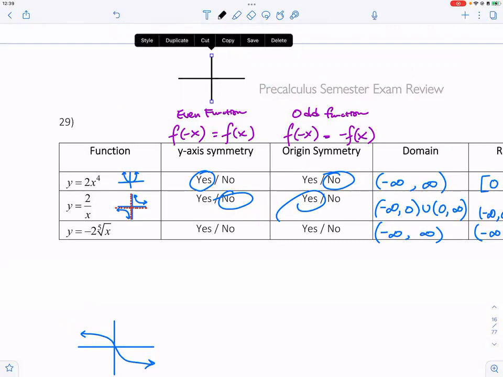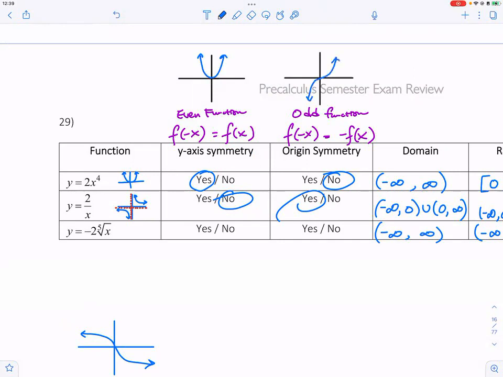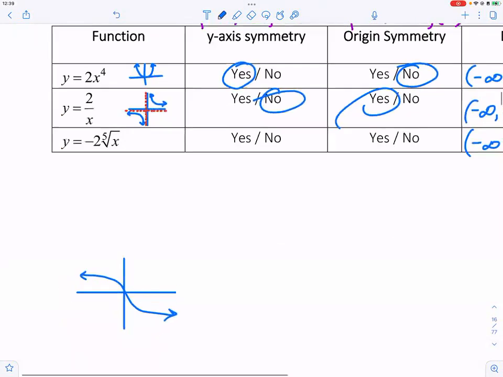Let me go ahead and do this very quickly. If you have x squared, it's like this, and x cubed is like this. So there's no way you don't know what an even function looks like, and so as the odd function. So what about this one?